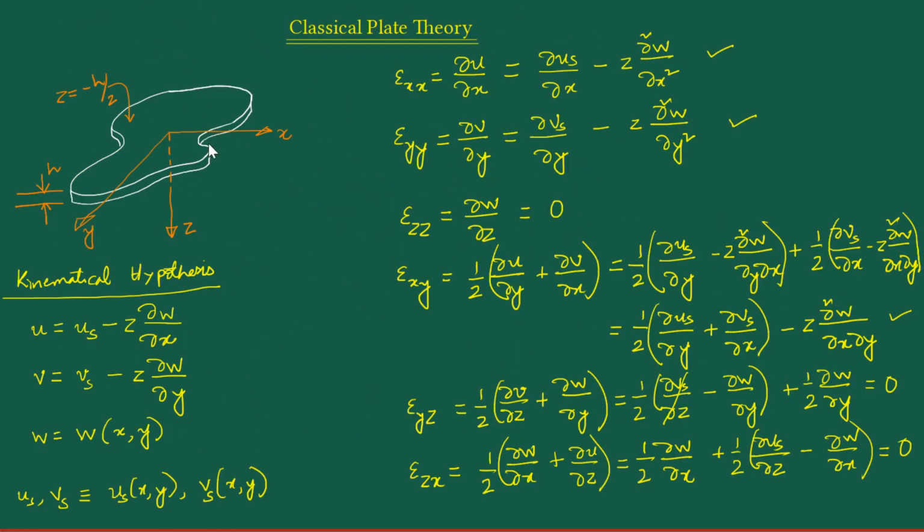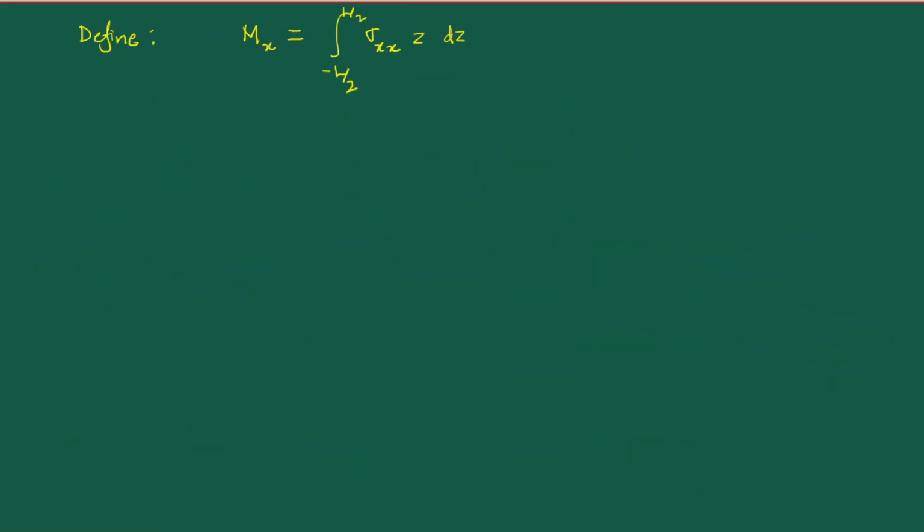Okay, so if you consider a cut section like this over here, I don't want to spoil this diagram. If you take a cut section over here, then the kind of figure that you would be looking at, if you look at it into the xz plane, is going to look like this.